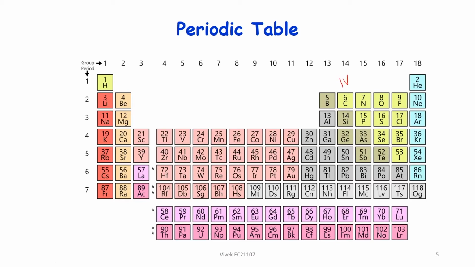So this is group 4. You can see here 1, 2, 3, 4, 5, 6, 7, 8. Now how do we decide which group? It is decided by the outer orbital electrons. So in group 4, there are 4 electrons in the outer orbital.